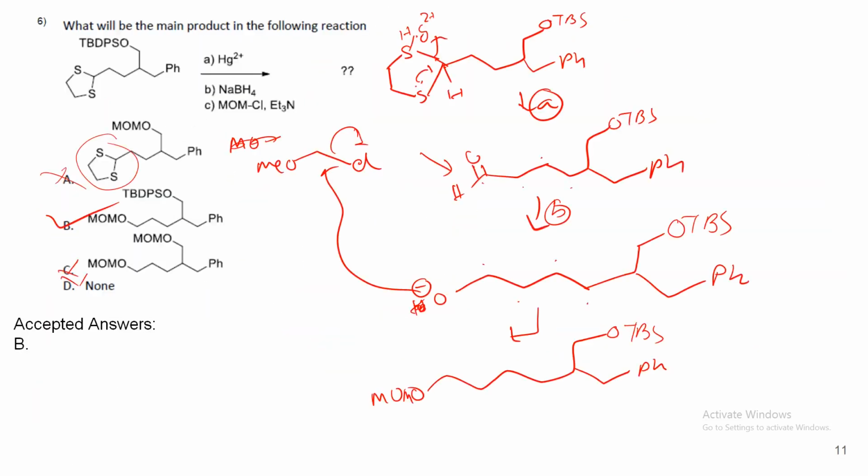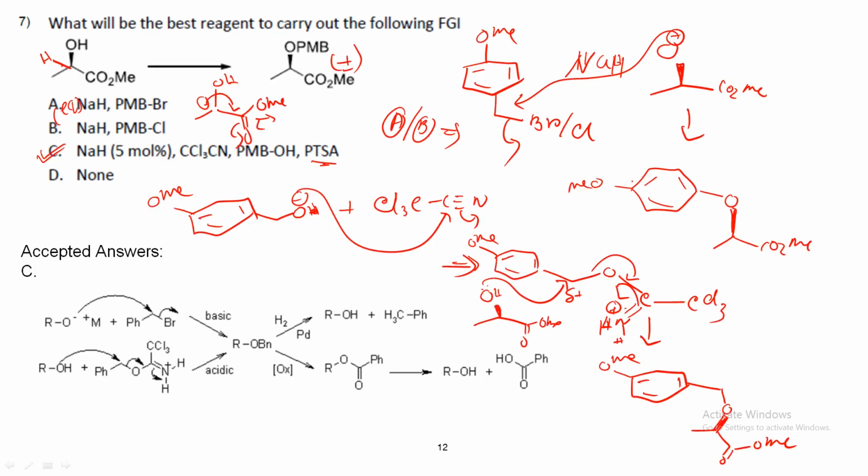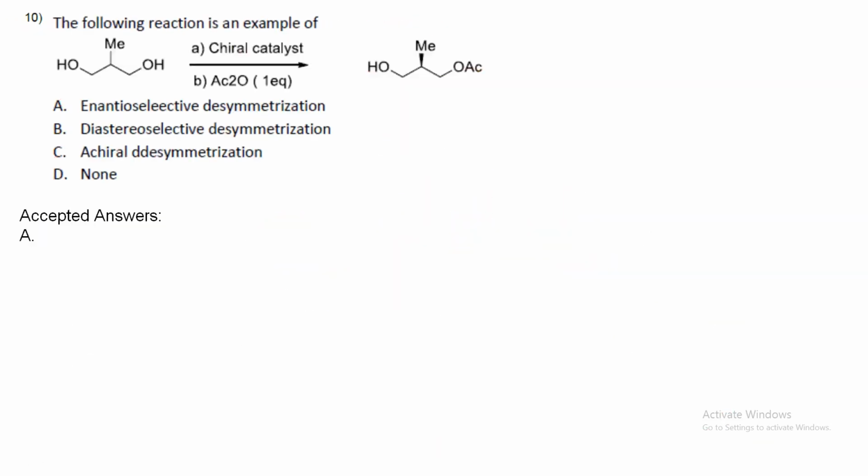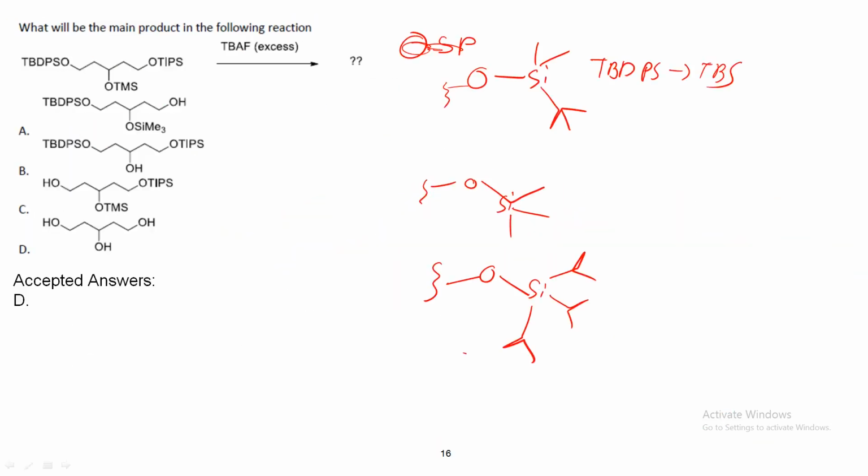So coming to our current problem. Here you can see all are silicon based protection groups, and here we are also using F minus in excess amount. So here we can think of a global deprotection, as all are silicons and F minus is also very much in excess.